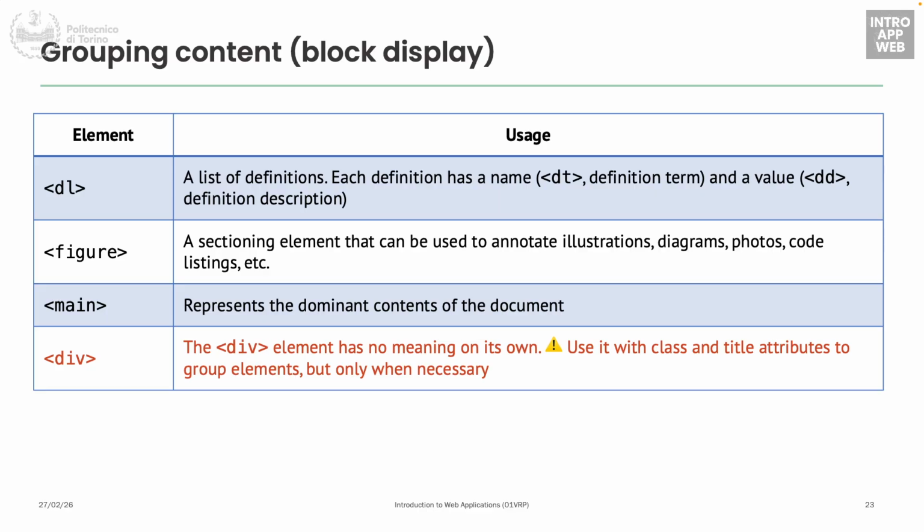As I told you, there is no difference between using, for instance, article or div, other than adding some semantics to the element. So it doesn't mean that all of the contents in our page must be articles, aside, or have a semantic. Sometimes maybe we just have to group 3 elements, so we put them within a div, and it's completely fine. But as much as possible, let's try to use the semantic elements that we do have.